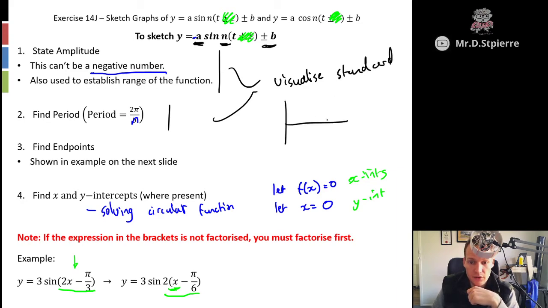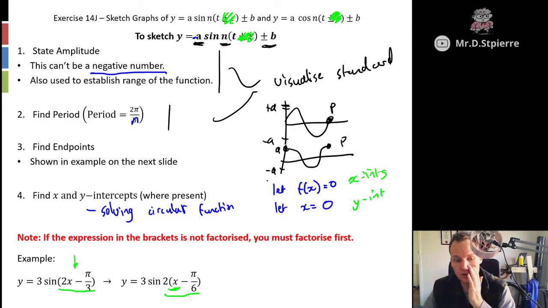You need to know that for sine, it looks like that with your period, or for cos, it looks like that, again with your period, and that will be positive A, that'll be negative A. Again, same here. You need to be able to visualize that.